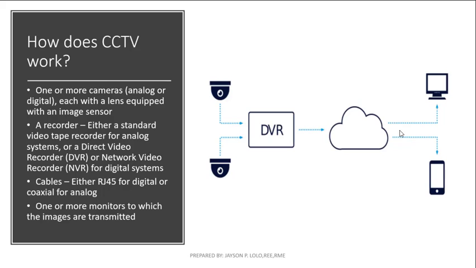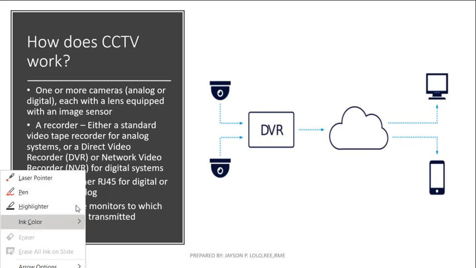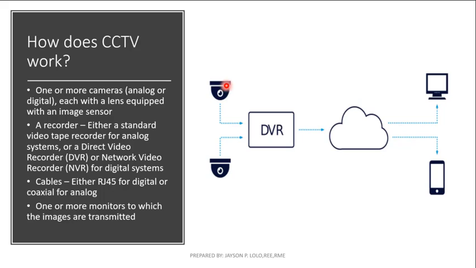As you can see on the diagram, we have a CCTV on the left. Then we have the DVR, which is digital video recorder, or sometimes it is named network video recorder, NVR, for digital systems. Then we have the cloud system.